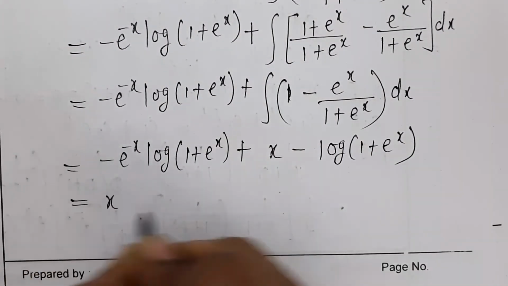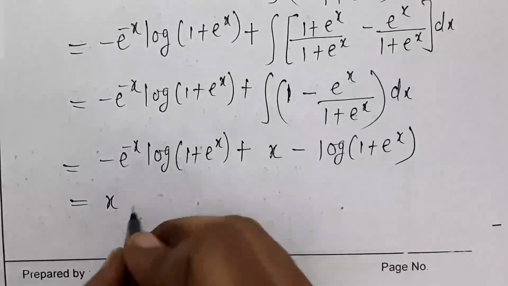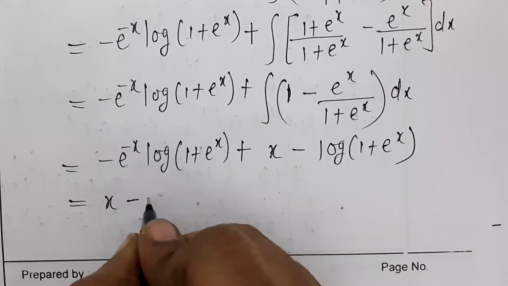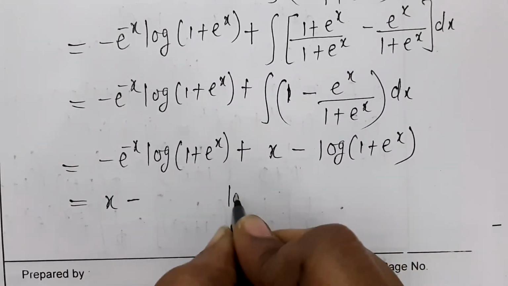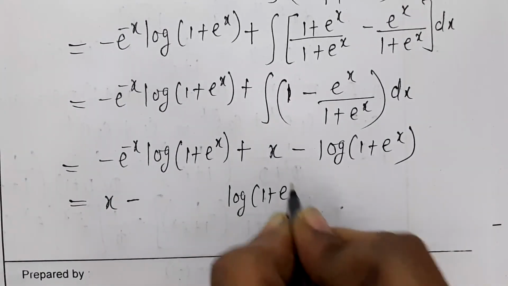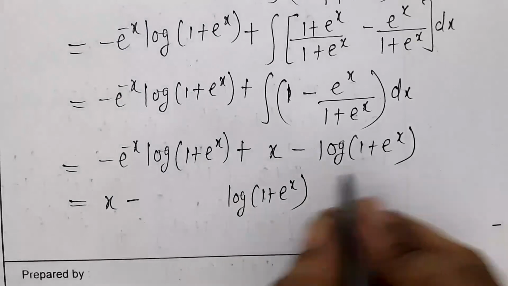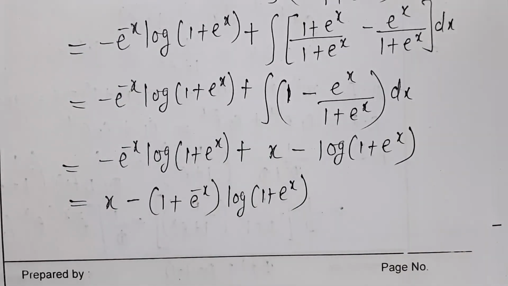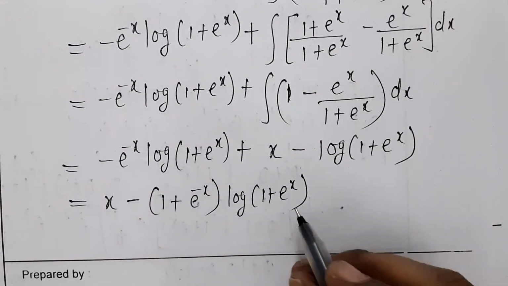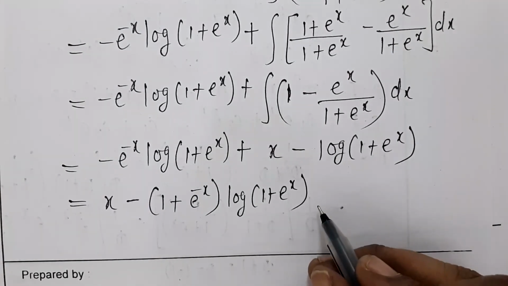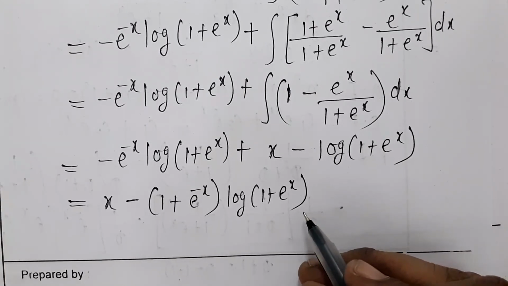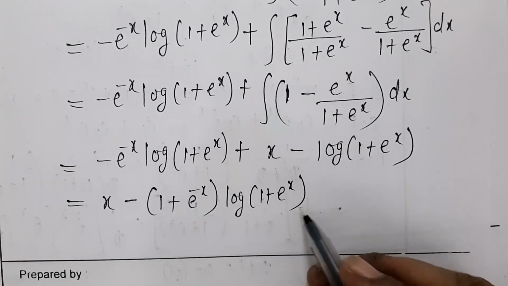It is equal to x. Now both are minus, so we can take minus outside, and the log term is common in both. So taking log of 1 plus e to the power x outside. Now what is the remaining term? It is 1 plus e to the power minus x into log of 1 plus e to the power x.